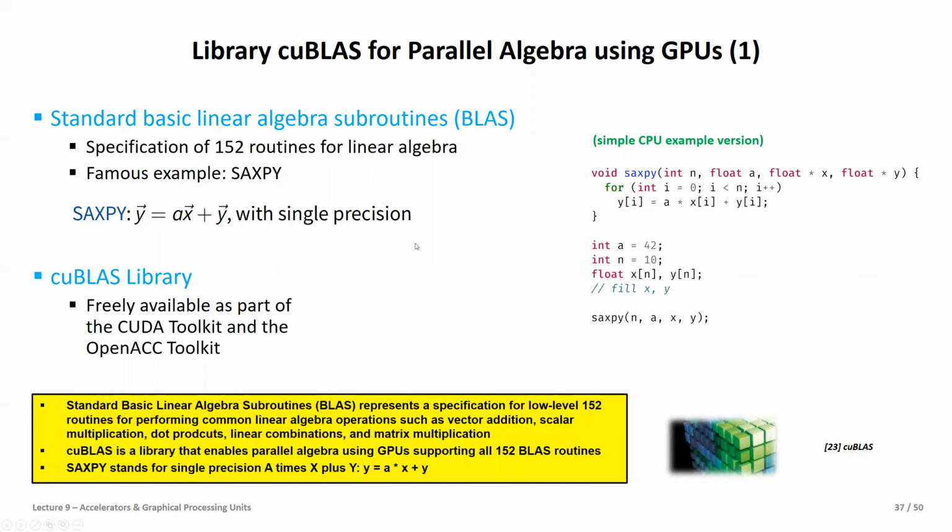This is a very commonly known problem, and you can see here a simple CPU version of it, which is nothing else than leveraging a for loop to get this A times X plus Y implemented. Of course, there's a library for this in CUDA.